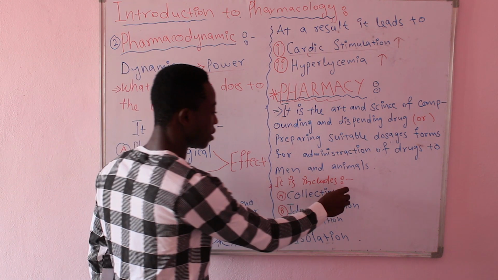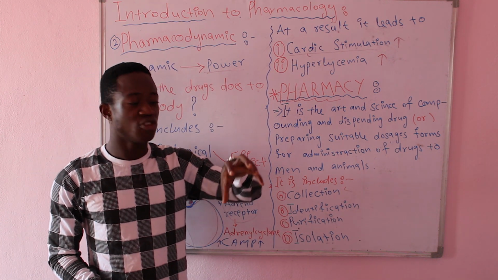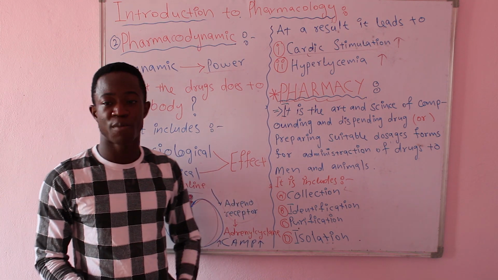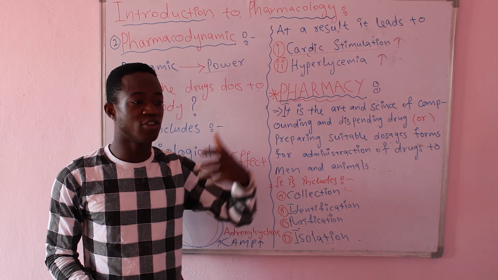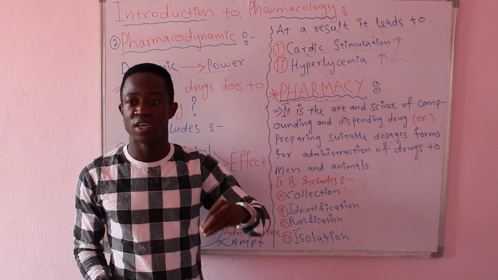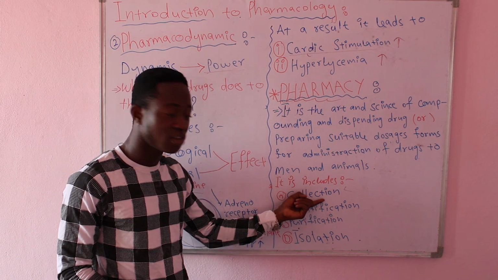It includes collection. In the collection aspect are the sources of the drugs, where you get drugs from plants, from animals, and from mineral sources. So this has to do with the collection of drugs.